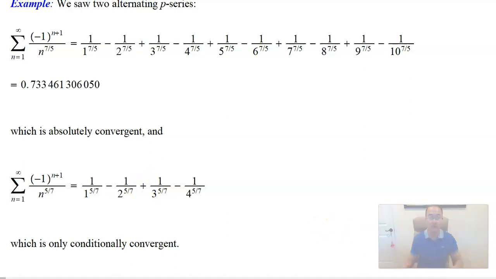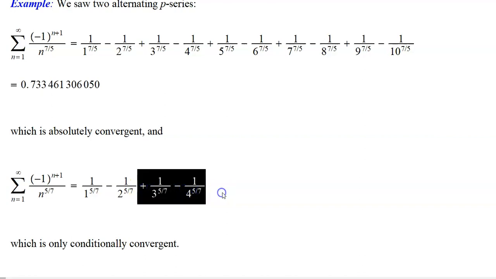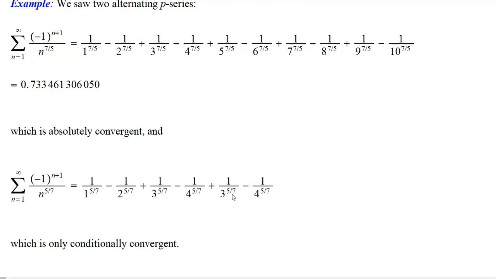Okay, there you go. 1, 2, 3, 4. And then we want 5, 6, 7, 8, 9, 10. Okay, 3, 4, 5, and then 6, and then 7, and then 8, 9.